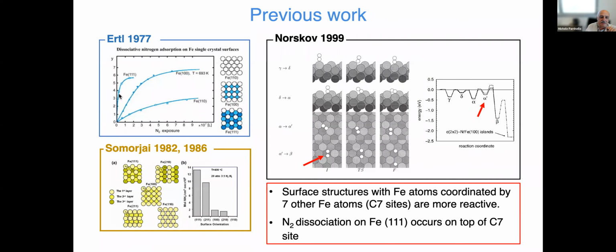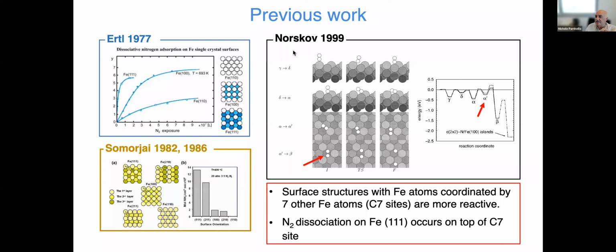These are very old experimental data which show that indeed the surface which is most catalytically active is the 111. Of course, once the method became accessible, theoretical calculations have also been done. In particular, Norskov's group has been a major player.